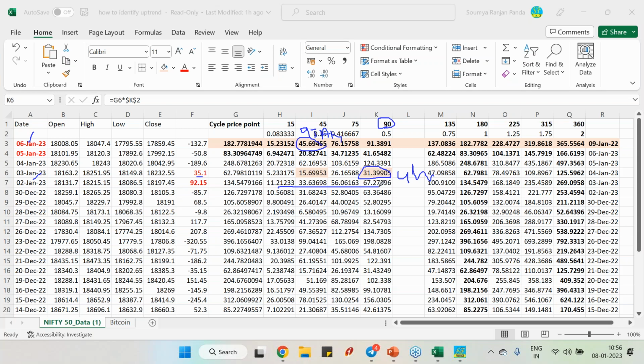So whenever the net price addition falls within the minor cycle price range, the next day's calculation or trend confirmation should be taken from 45 degrees, and when it is in the major cycle, it has to be taken from 90.